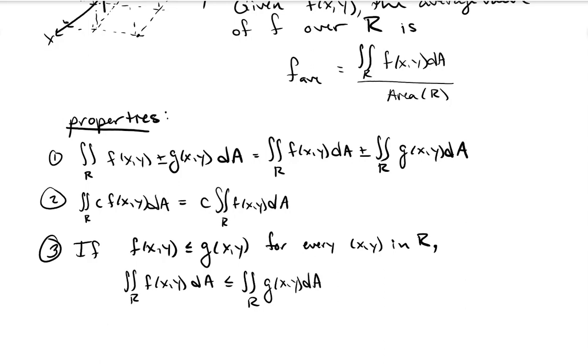Integration preserves the inequality. Just think, the G graph is always taller than the F graph, so it's going to trap more volume than the F graph.